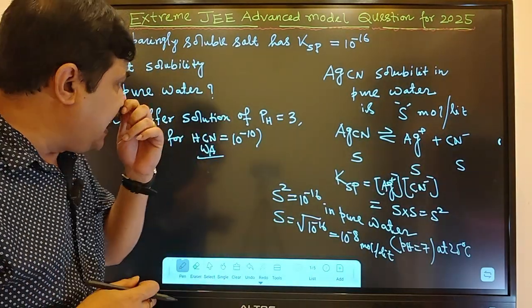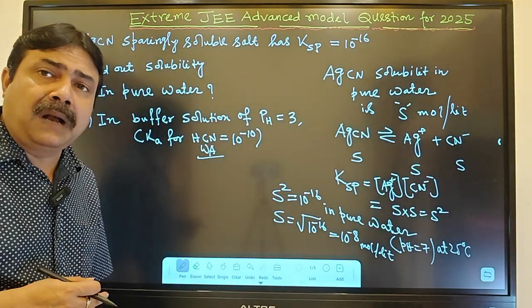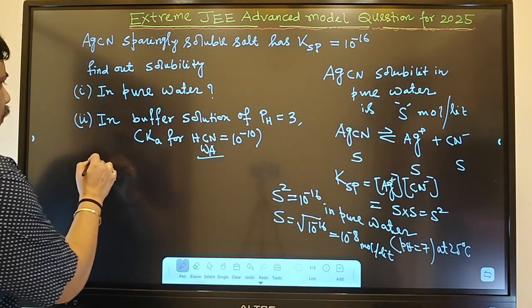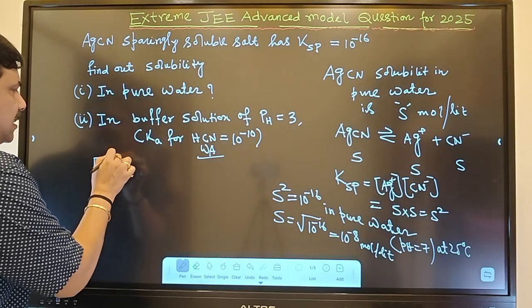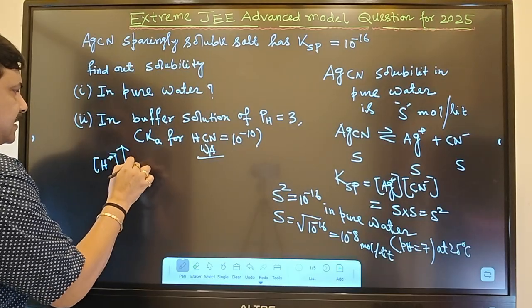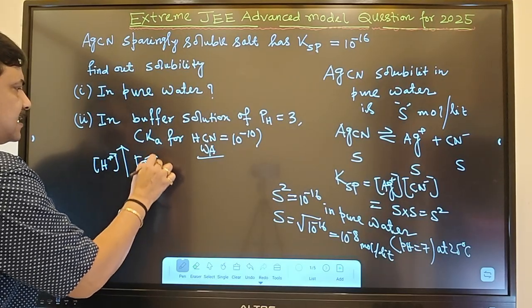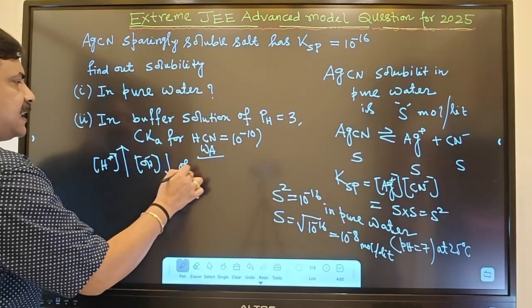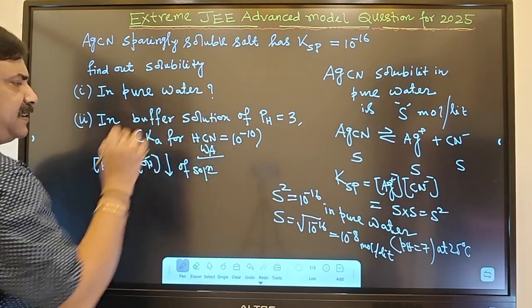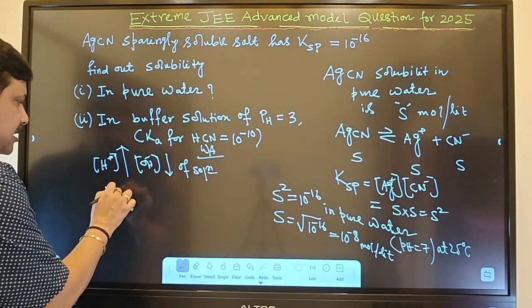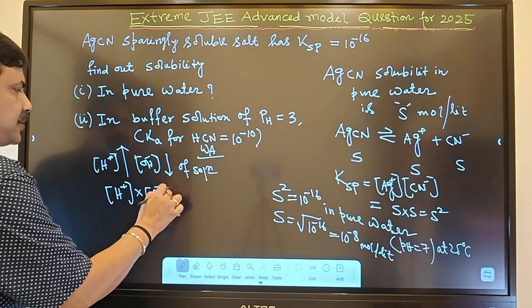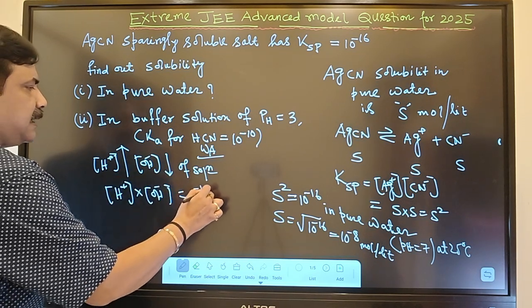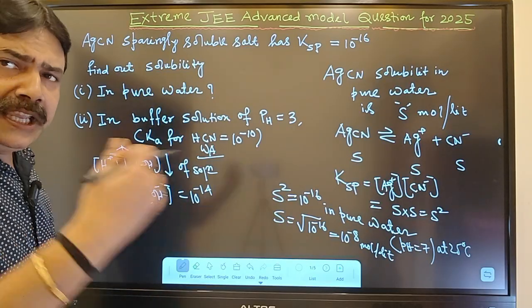You always have to keep that idea in mind: if the H plus concentration increases, then the OH minus concentration of the solution decreases, and always H plus concentration into OH minus concentration will equal 10 power of minus 14 for any solution.